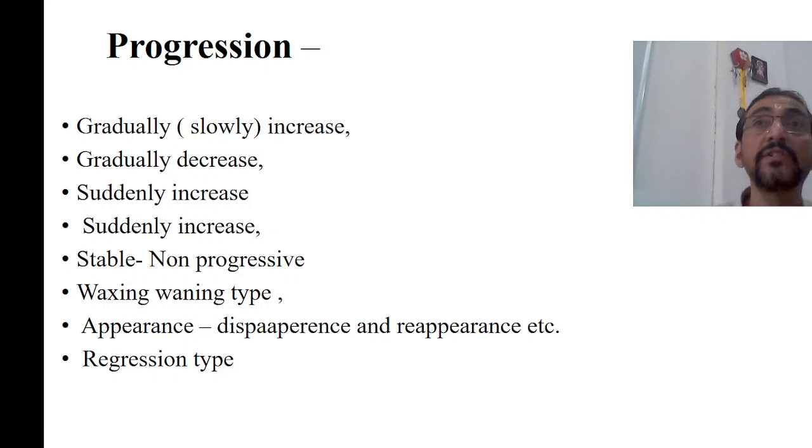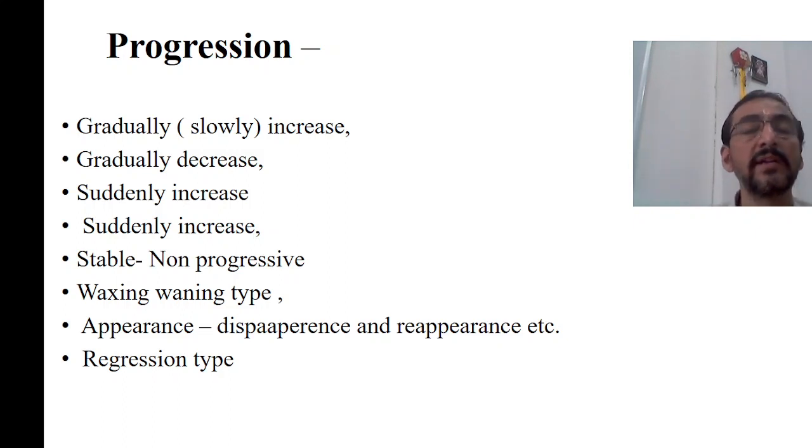Or sometimes progression is regression type. For example, milestones are delayed, and after one particular point, they start regressing. So this is how progression goes. Progression may be gradually increasing, gradually decreasing, suddenly increasing, suddenly decreasing, stable or non-progressive, waxing and waning, sudden appearance, disappearance and reappearance, or regression type.